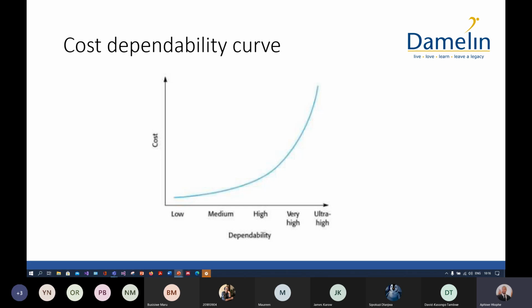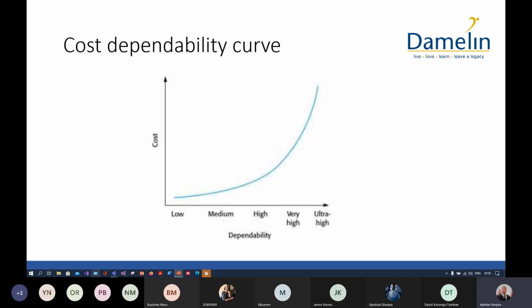And you can see based on this curve that the higher the level of dependability, the more expensive the system will be, because there'll definitely be an extra amount of rigor in developing it. You're going to implement additional steps or standards.